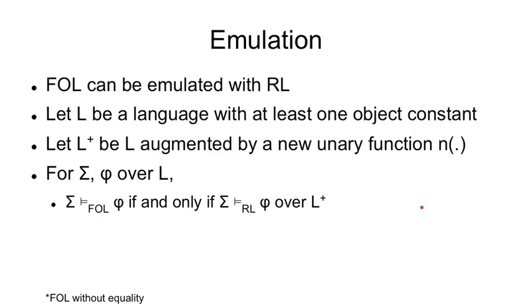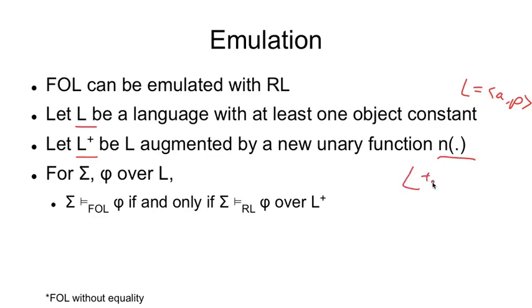Let's consider any language Arrow with at least one object constant. For example, Arrow equals A, P. Let's define Arrow plus as the extended language where we augment the original language Arrow by a new function constant n.